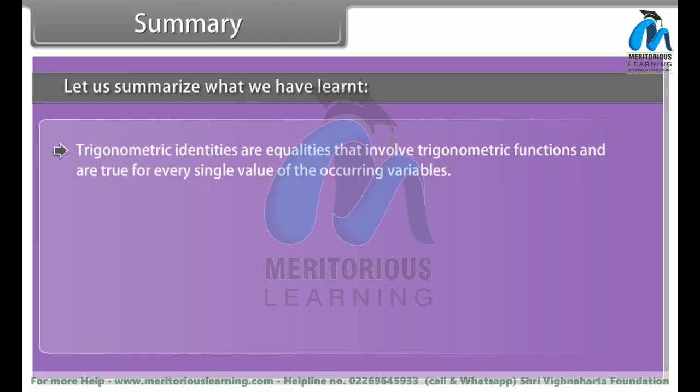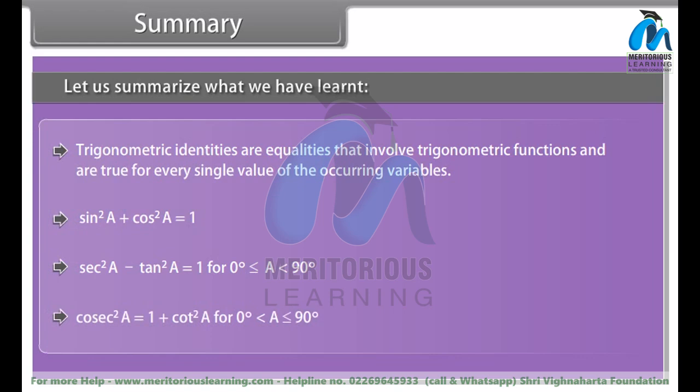Trigonometric identities are equalities that involve trigonometric functions and are true for every single value of the occurring variables. sin²A plus cos²A is equal to 1. sec²A minus tan²A is equal to 1 for 0 degree smaller than or equal to A, which is smaller than 90 degree. cosec²A is equal to 1 plus cot²A for 0 degree smaller than A, which is smaller than or equal to 90 degree.